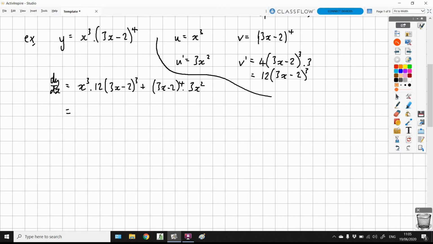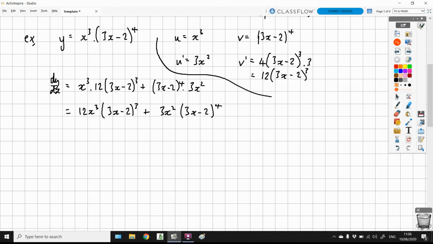Now perhaps you're happy looking at this as it stands, but it is quite a tangle. So before we try to factorise it, let's maybe just rewrite it in a slightly more normal order for each term. 12 x cubed 3x minus 2 all cubed plus 3x squared 3x minus 2 all to the power 4.